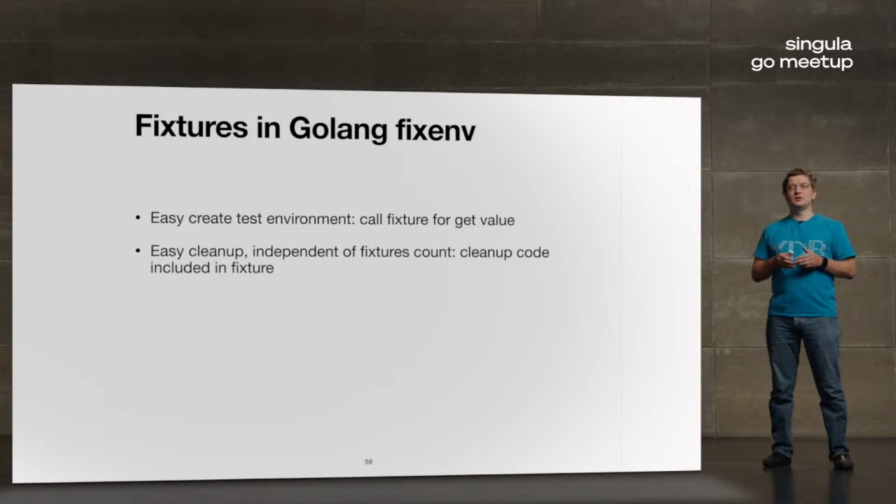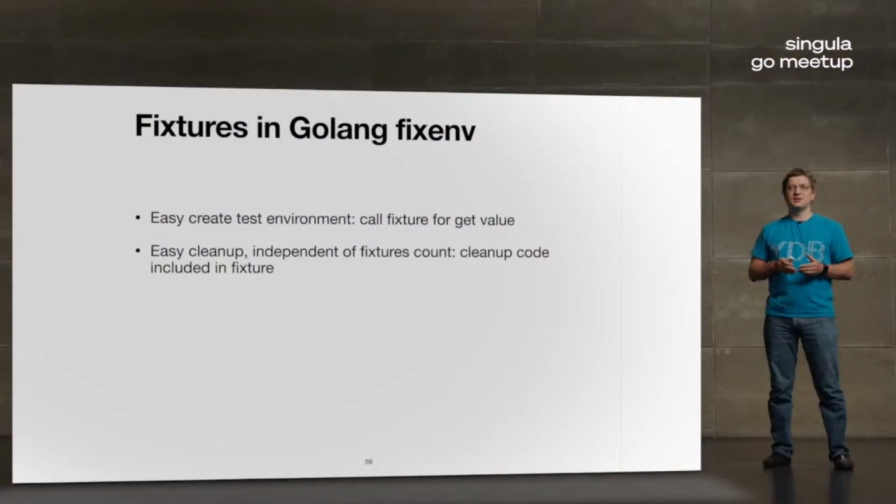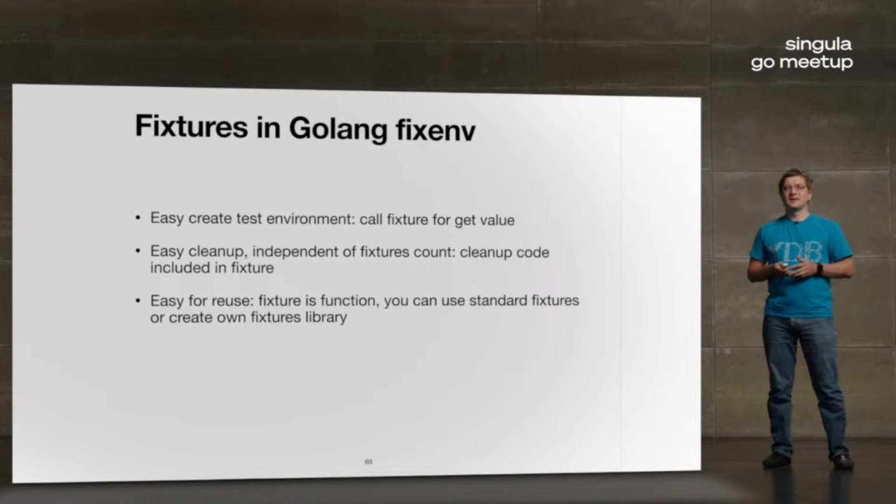In the test, you only receive the result value to work with. Then the fixture will clean up itself. No need for code in the main test sources. Easy to reuse fixtures. A fixture is a function. You can create your own fixture libraries and reuse them in a few projects, or you can use standard fixtures from the Fixenv library.